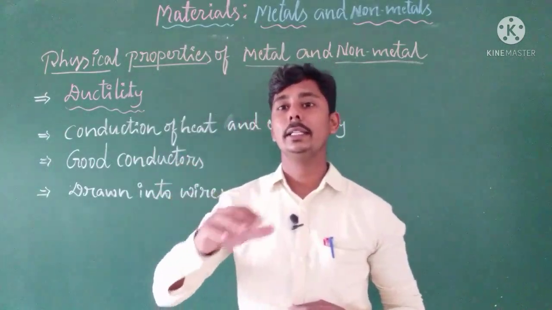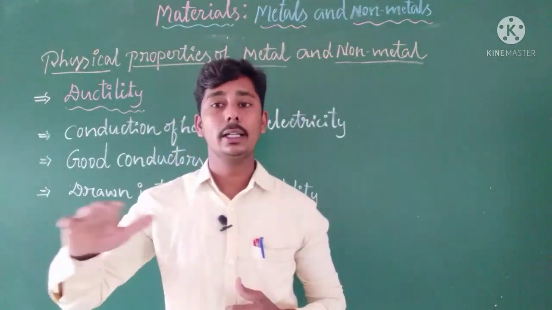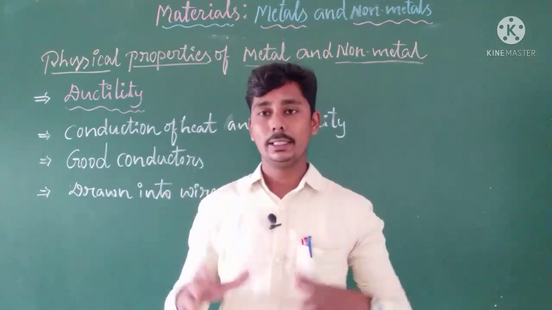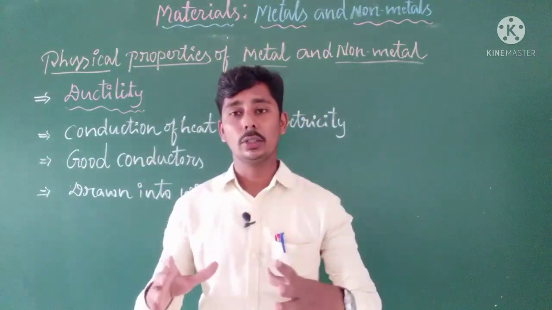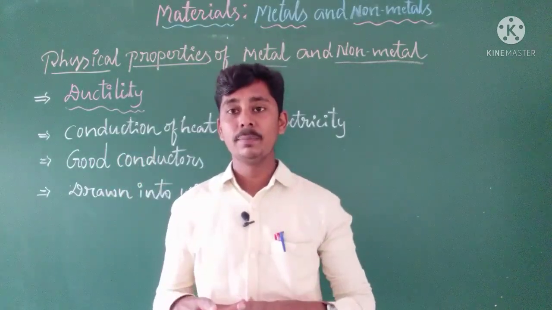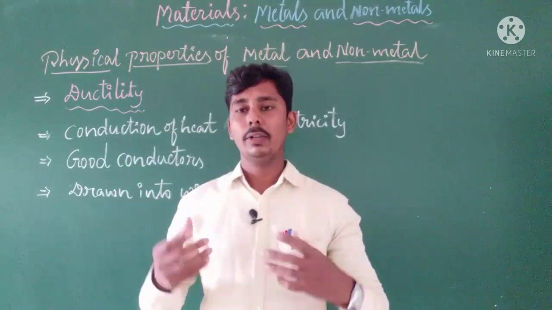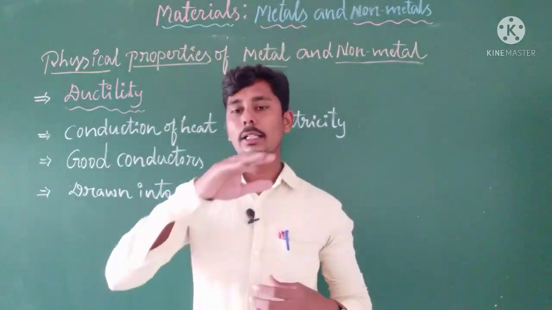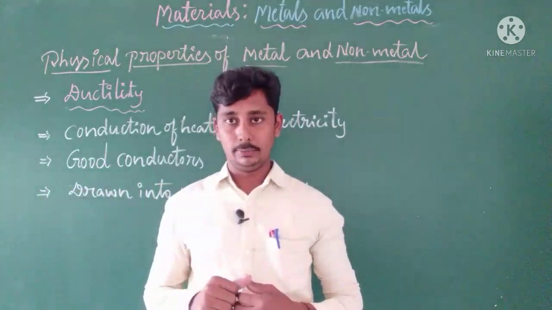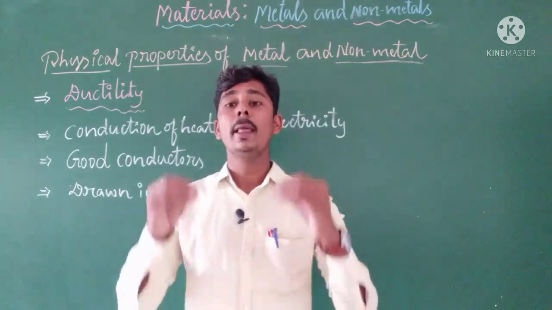Electricity and heat easily flow through the metal surface. We use metal to make wire so that electricity can easily flow through the wire. That wire is made of copper, which is one of the metals.